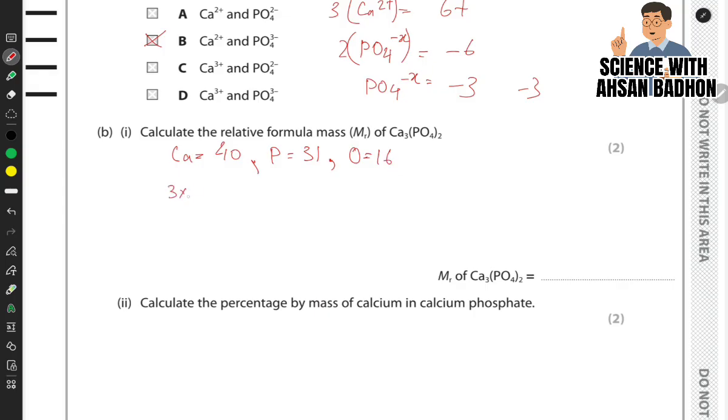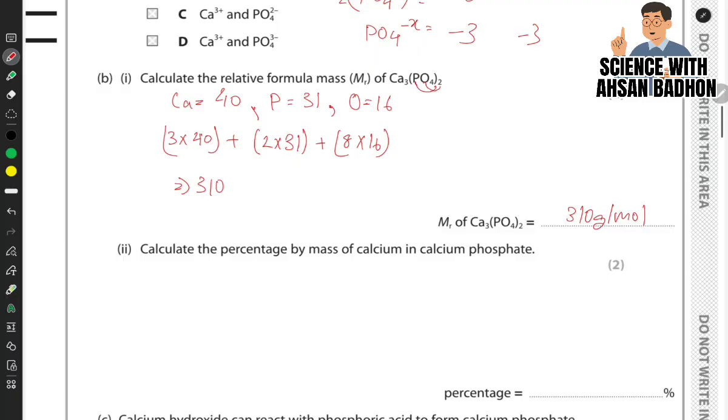There are 3 calcium atoms, so 3 times 40, plus phosphorus, there are 2, so 31 multiplied by 2, plus oxygen, 4 times 2 is 8, so 16 multiplied by 8. So the total answer gives us 310 grams per mole. Even though it is not asking for the unit, it is still the unit for it.